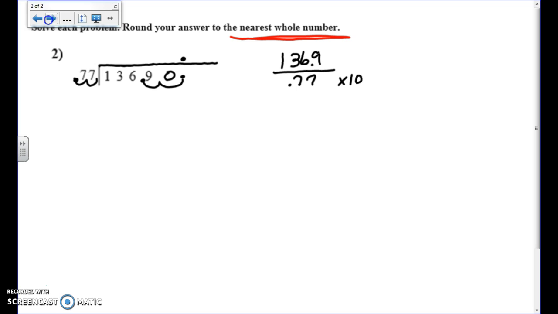What I'm really doing is multiplying them both by 100, and I know that's an equivalent fraction, and that gives me 13,690 divided by 77, which is the exact type of problems we were solving yesterday. So what I'm doing is the same process, but before I start, I'm eliminating the problem of where the decimal lies.